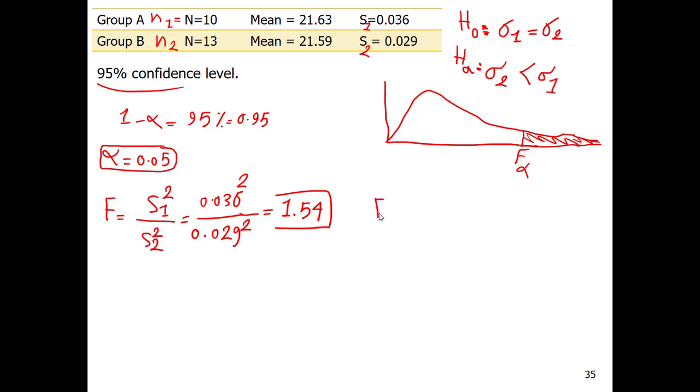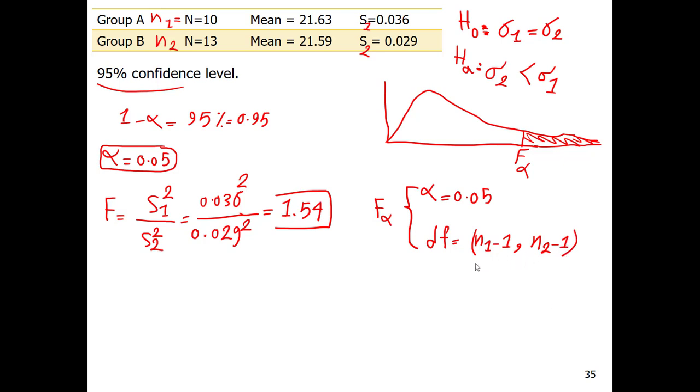We need to find another F from the table. What is that F? For alpha 0.05, degree of freedom n1 minus 1, n2 minus 1.